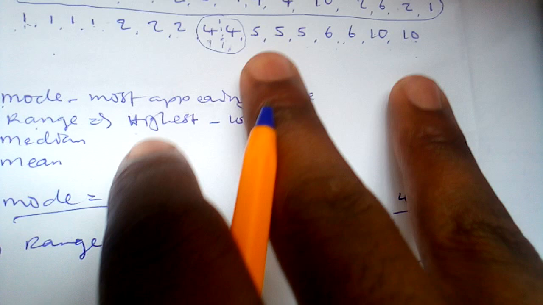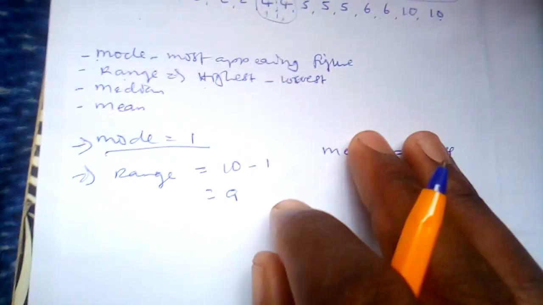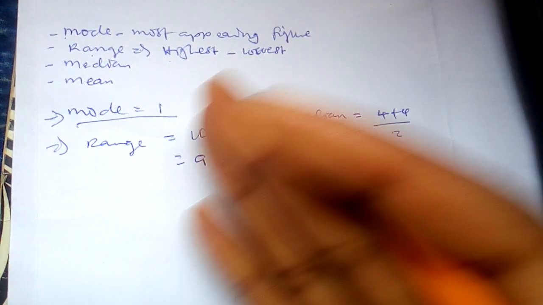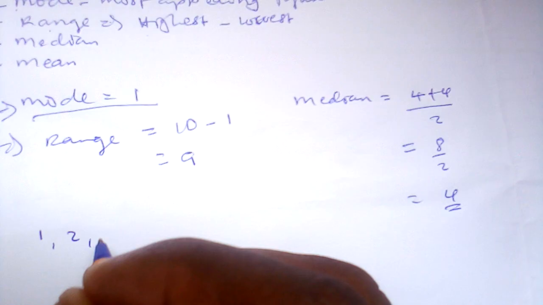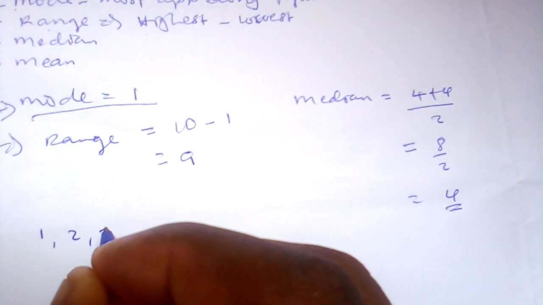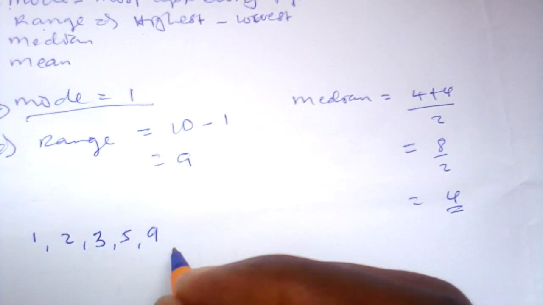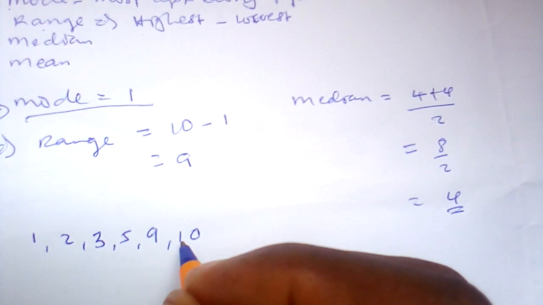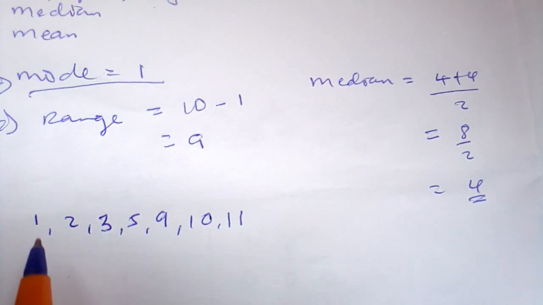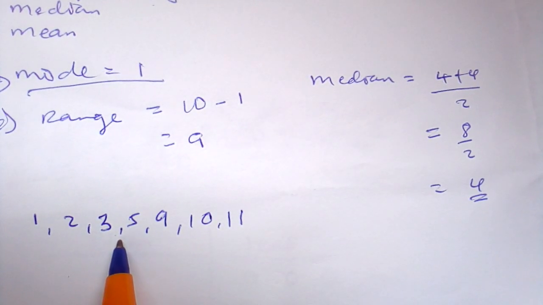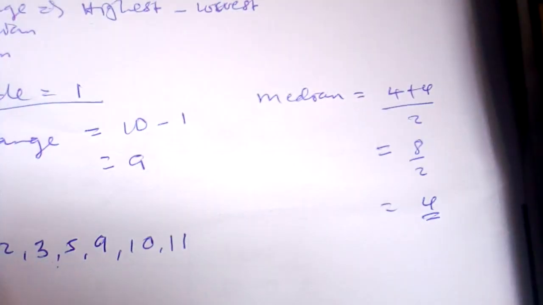So if you find that two numbers happen to be in the middle, you add the two numbers and divide by 2. But there are some cases, for example, if you're given a data set like 1, 2, 3, let's say 5, 9, let's say 10, something like this, it's easier to find the middle number. From here we are given 1, 2, 3, 4, 5, 6, 7.